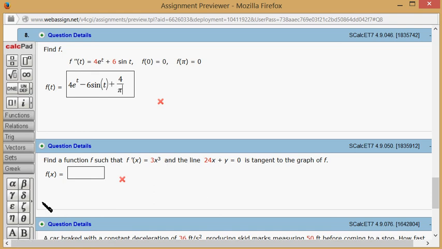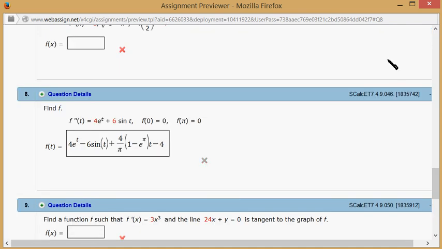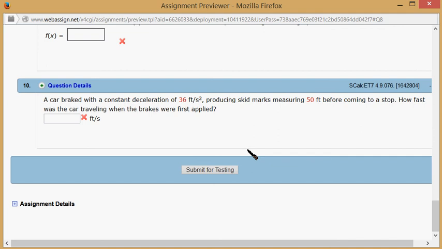Oops, pi, and 1 minus e to the pi, t minus 4. So let's go down and submit for testing.